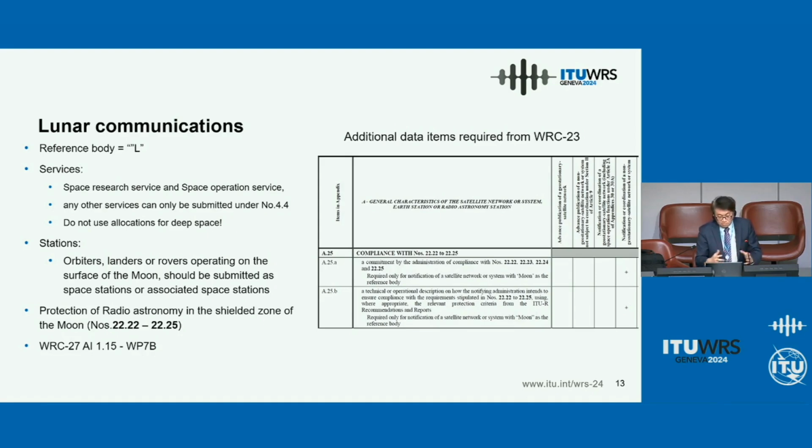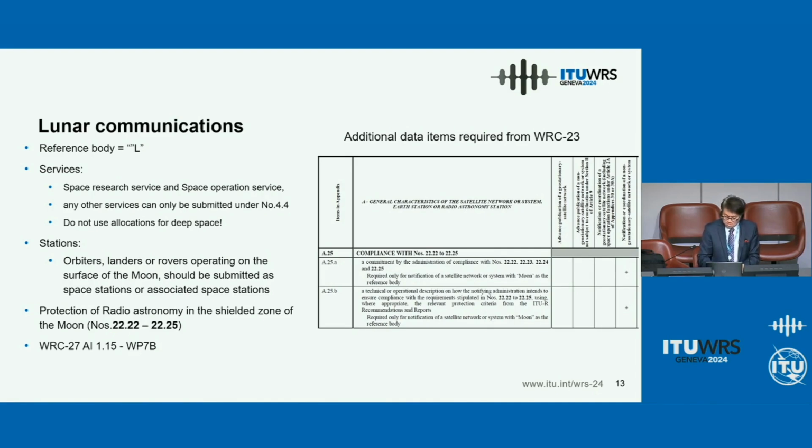So from 1st January 2025, we are going to require for each submission for reference body moon that they have to provide this additional information. Otherwise, it will be incomplete. And also to mention that, of course, WRC-27 under agenda item 1.15 is studying the use of various frequency bands for the surface of the moon as well as between the lunar orbit and the surface of the moon.